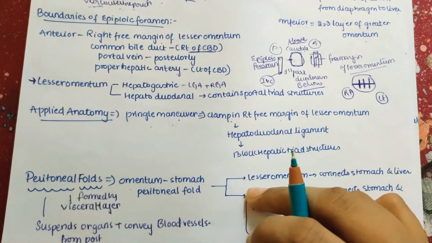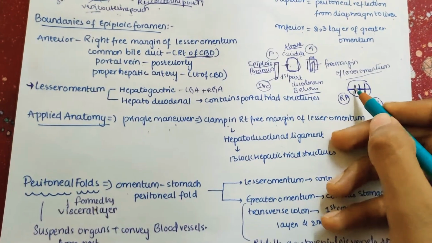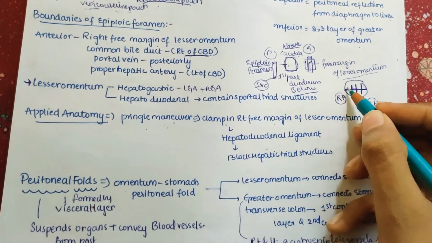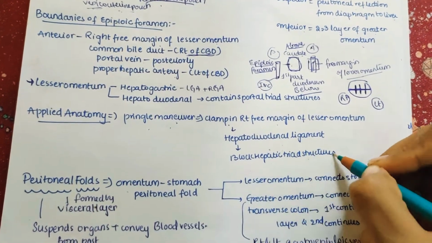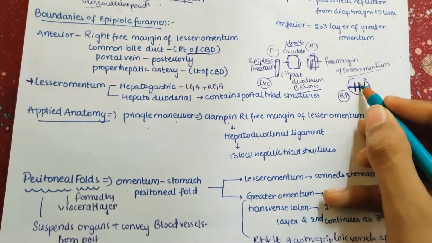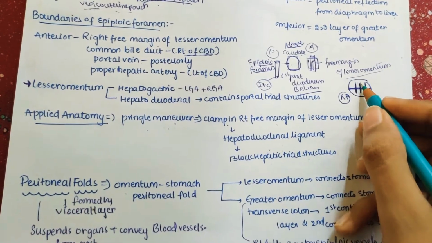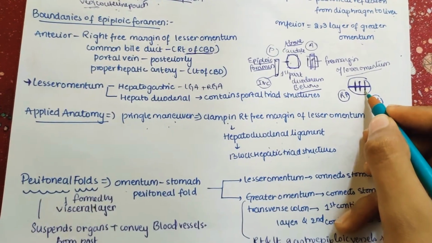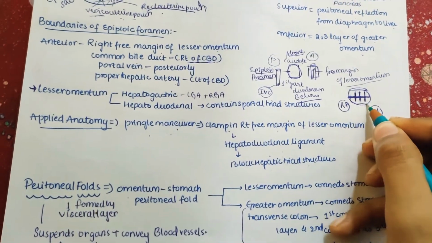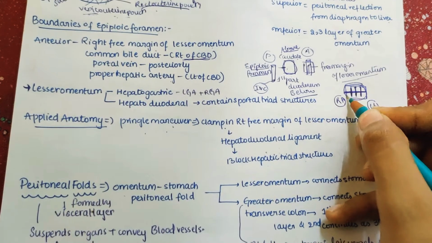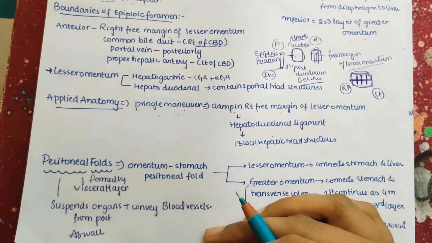Because of this there is a blockage of the hepatoduodenal ligament, and there is blocking of the hepatic triad structures. So all these triad structures, that is on the right side common bile duct, in the middle portal vein, and on the left side proper hepatic artery, all these are blocked by means of this Pringle maneuver. Okay, so this we need to understand.